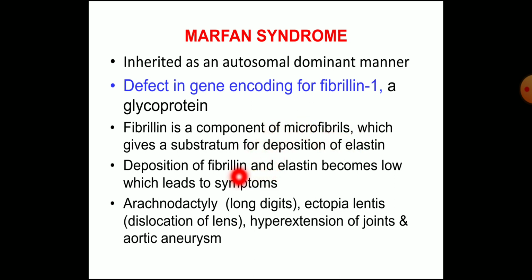So deposition of fibrillin and elastin becomes low, which leads to the symptoms. That is arachnodactyly, long digits, may be there in these patients. And ectopia lentis, that is dislocation of the lens, hyperextension of joints, and also typically you can see the aortic aneurysm in this case.